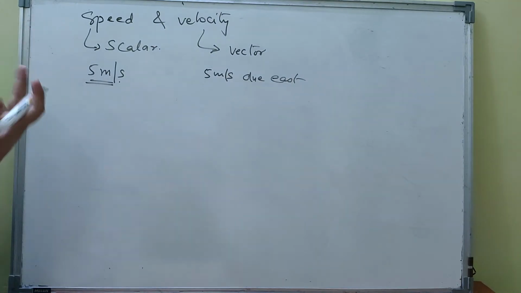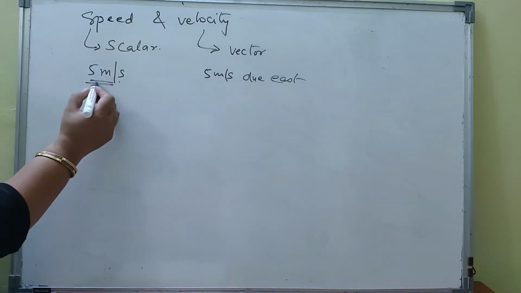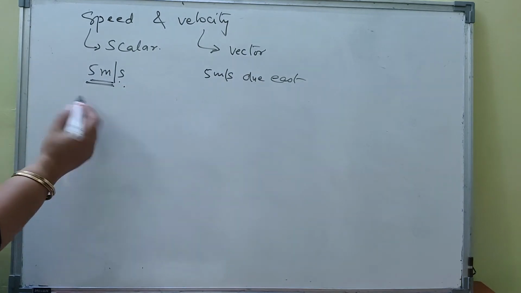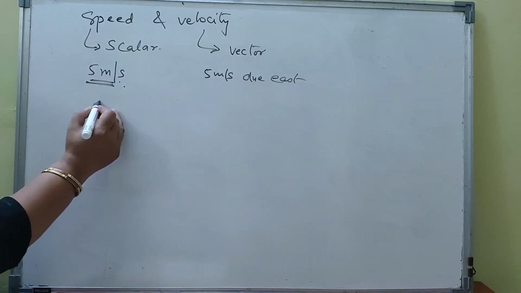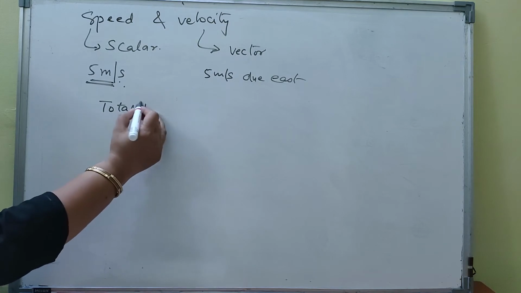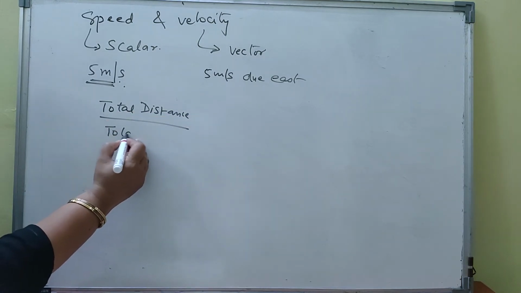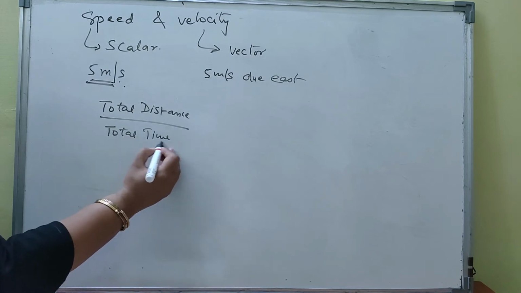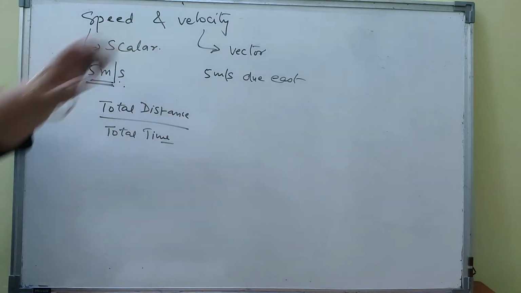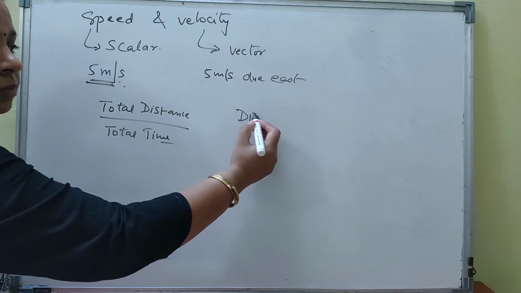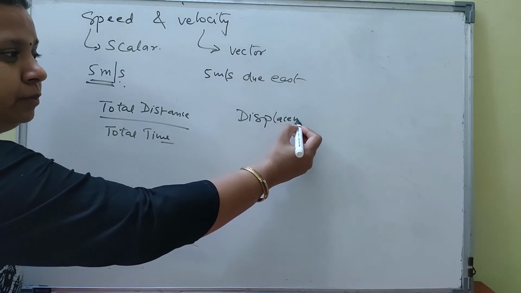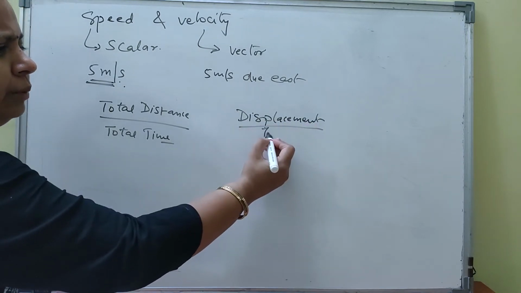Okay, so same way, what about speed? Speed can be calculated by total distance by total time, but velocity is displacement upon time.